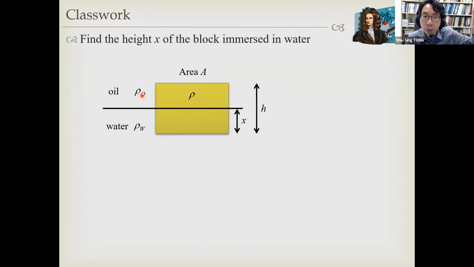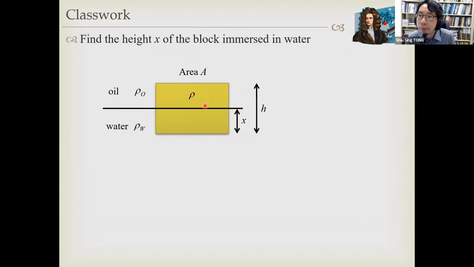So the density of oil is rho naught, the density of water is rho W, but somehow this object has a density between oil and water. So it's suspended, okay, at the interface of the two liquid layers. And I now would like you to calculate the height x of the object that is immersed in water. Okay, if I assume the density of the object to be rho.